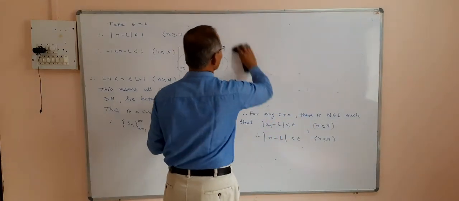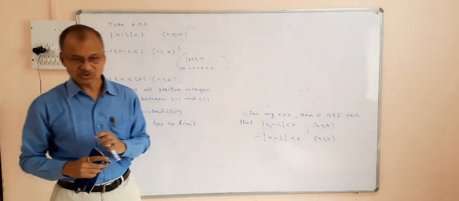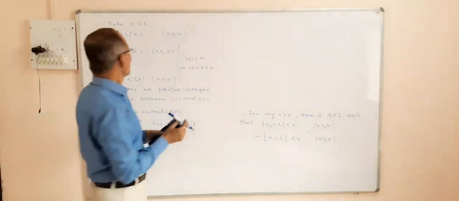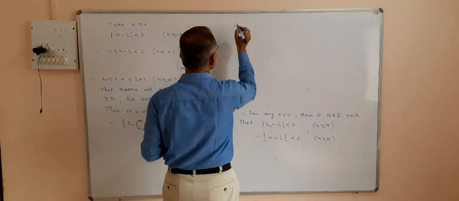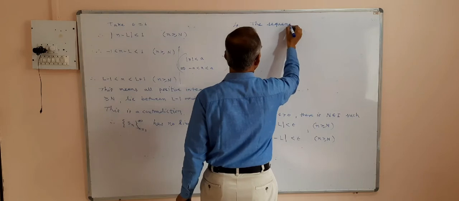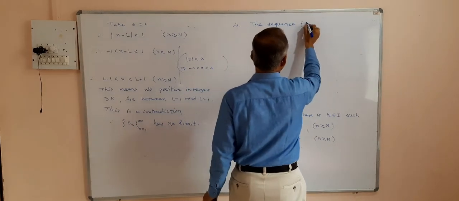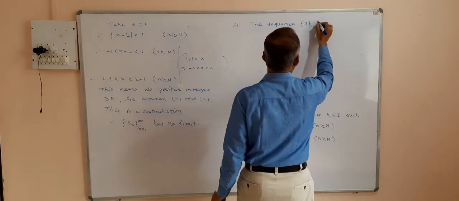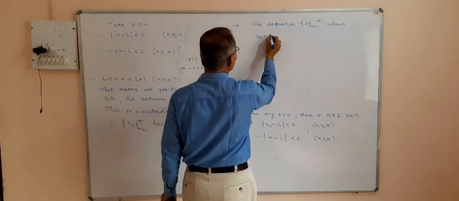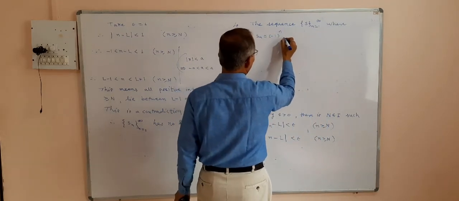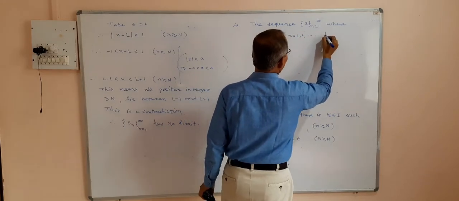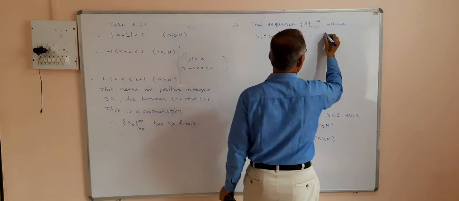Now, that does not mean that a sequence whose terms are becoming bigger and bigger or smaller and smaller has no limit. We will consider one more example. The sequence Sn, where Sn is equal to minus 1 raised to n, n taking values 1, 2, 3, etc., does not have a limit.